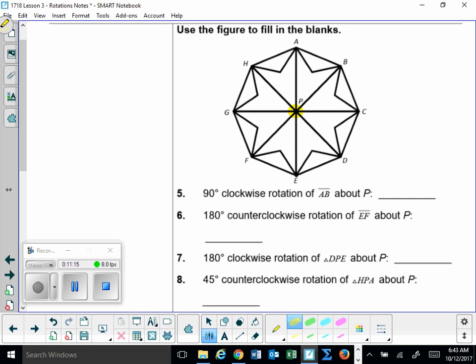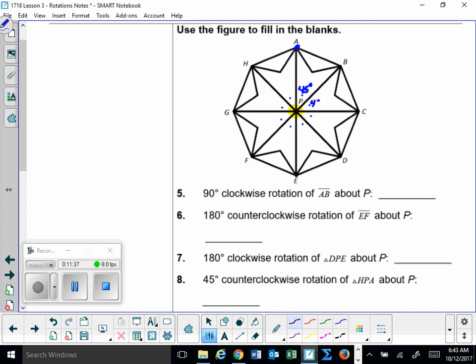All right, so we're going to start up here at A, and I want to go 90 degrees. Well, let's see. I've got 1, 2, 3, 4, 5, 6, 7, 8 sections around point P. So if I do 360 divided by 8, I get 45.